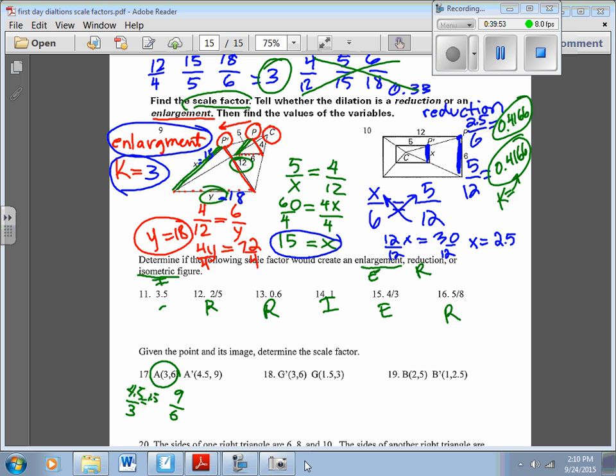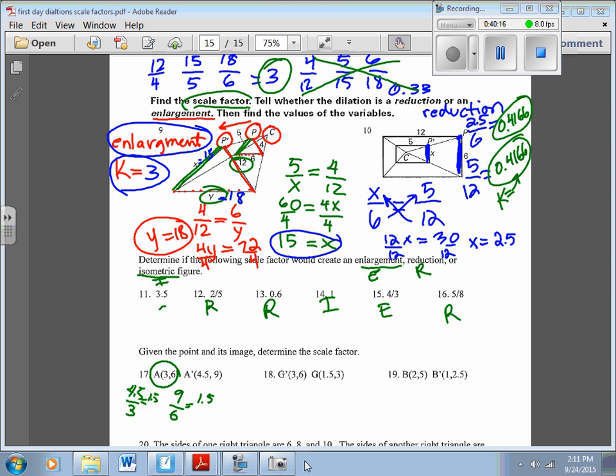Okay, do 9 divided by 6. What do you get? Same. And you notice that the number is bigger than 1. So the scale factor is a number bigger than 1. That means it's an enlargement, which goes with that statement right there.